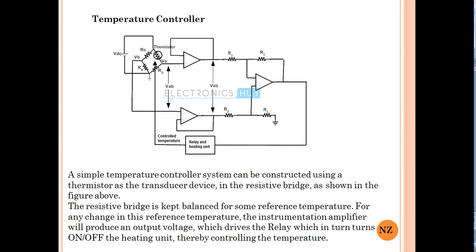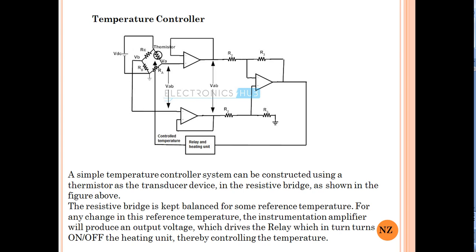That unbalanced value will be fed to the input of the two non-inverting amplifiers, and their outputs will be given as input to the difference amplifier, whose output will control the relay circuit.